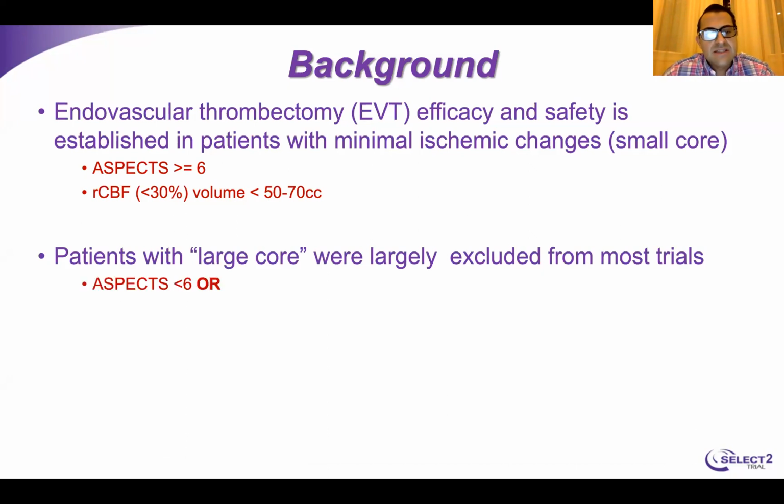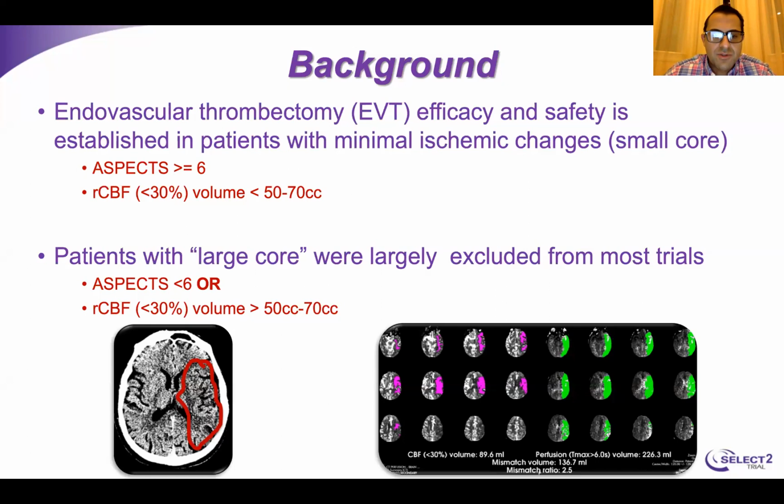So aspects less than 6 or CBF volume greater than 50 to 70 cc's typically were excluded from trials. For example, here is one of the CTs on the left, and an example of a CT perfusion in a patient that was excluded from the SWIFT PRIME study. As you can see here, there's about 89.6 mLs of infarcted tissue based on a CBF volume RAPID report, and then the penumbra was 226.